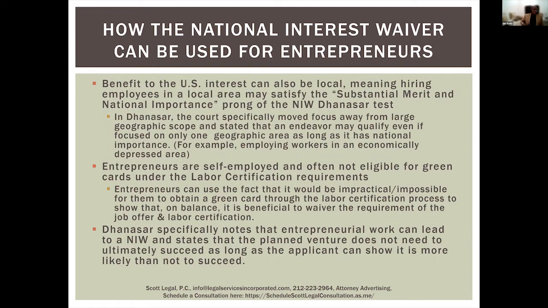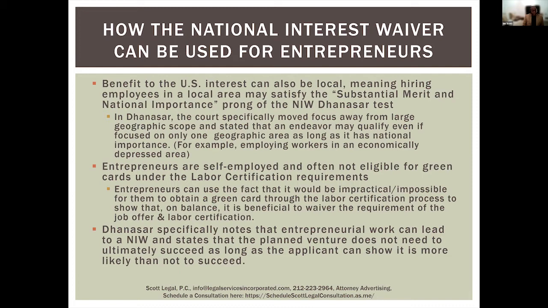So how does it work when we're looking at it for entrepreneurs? When we're looking at the national interest, for example, and substantial merit, sometimes what we can use is the economic activity. So we can say that job creation is a factor. Let's say for example there's an economically depressed area, and this particular endeavor is going to benefit that area.